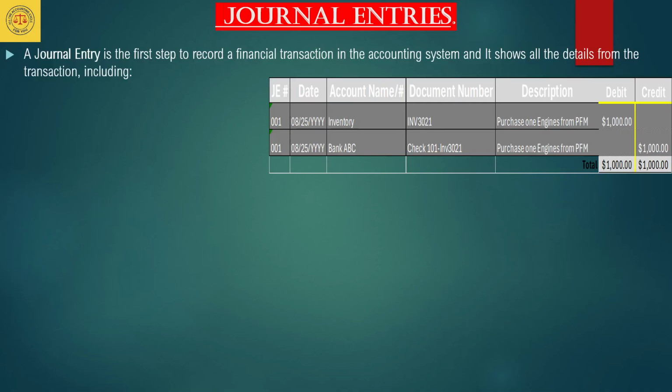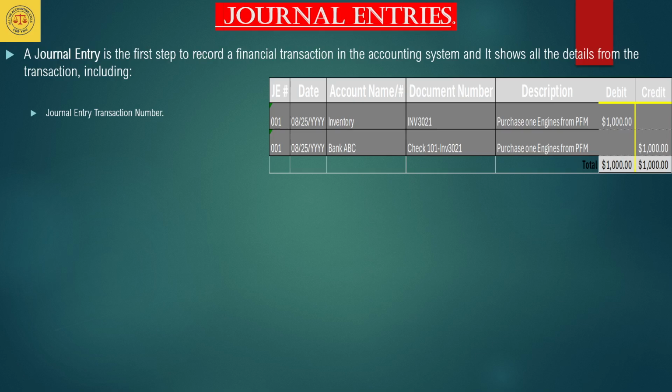So what do the journal entries of the transactions include? Journal entry transaction number, right here. If you do it manually by yourself, it would be a good idea to put numbers on each transaction that you are going to journalize. So that's going to be your journal entry.